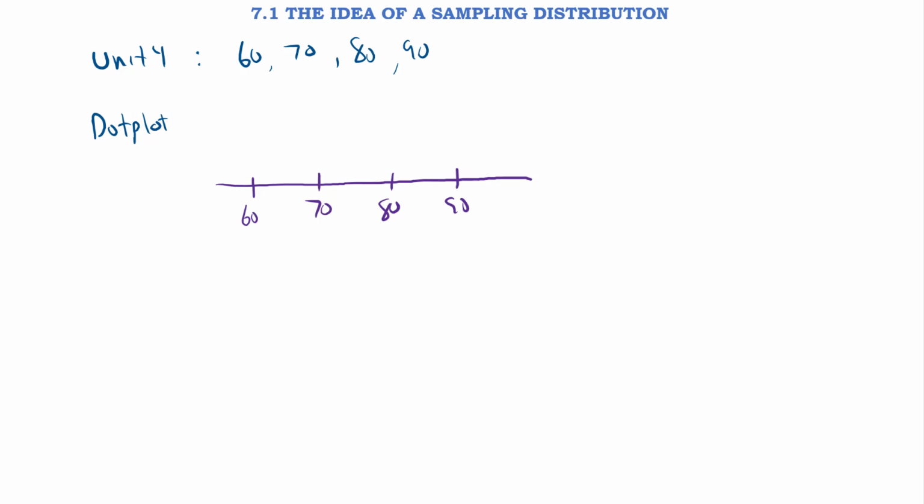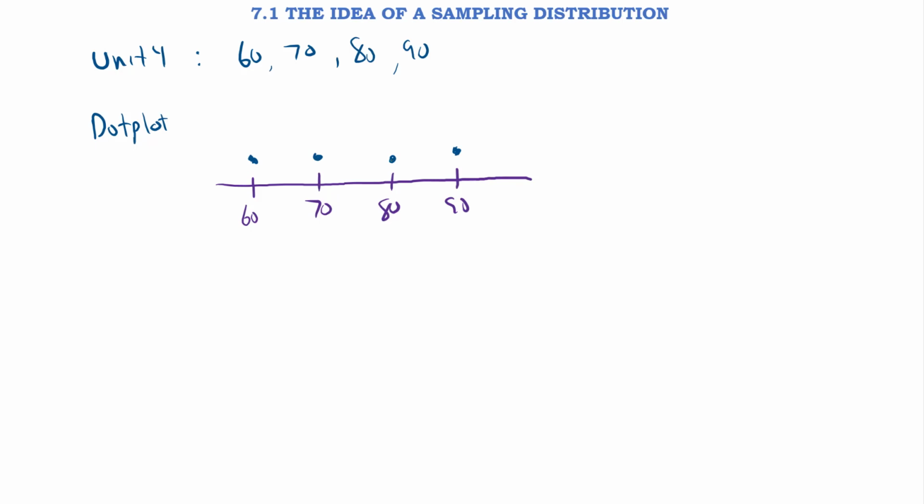And again, if you had to put those in a dot plot, you have a dot on 60, a dot on 70, a dot on 80, and a dot on 90. So with that, what does each one of those dots represent? The score, right? The score for each one of them. Okay? So a nice little dot plot here.